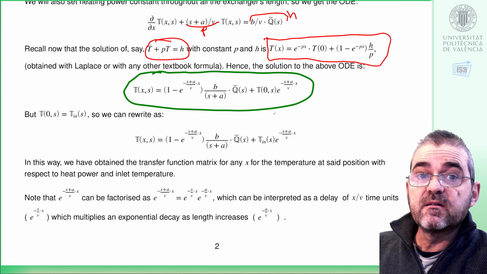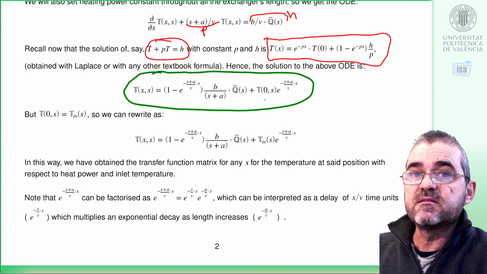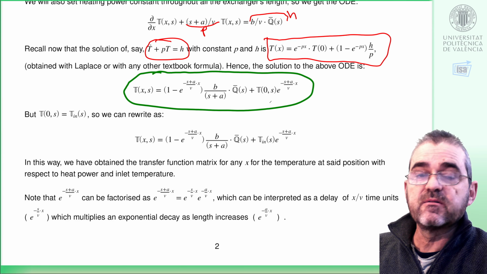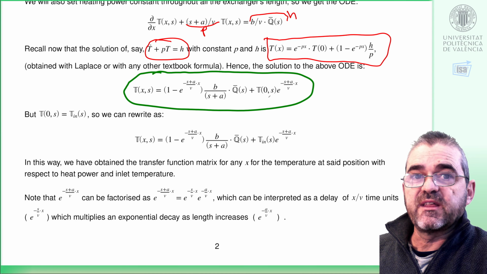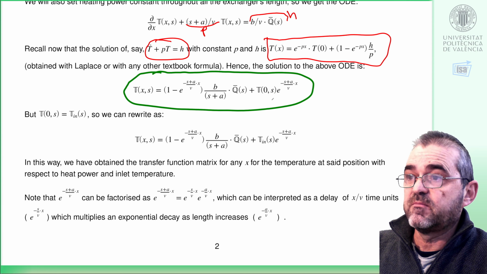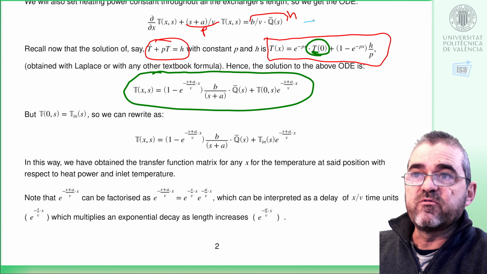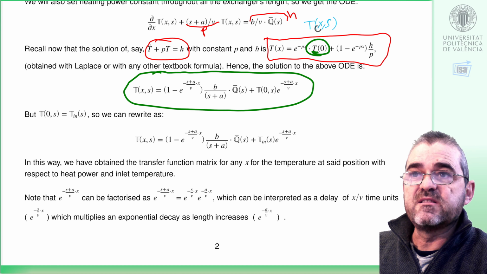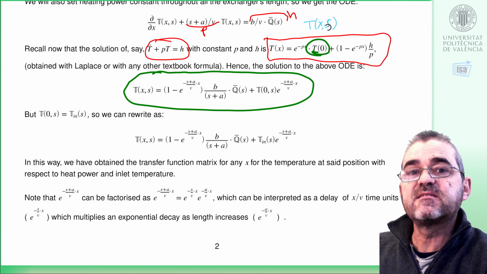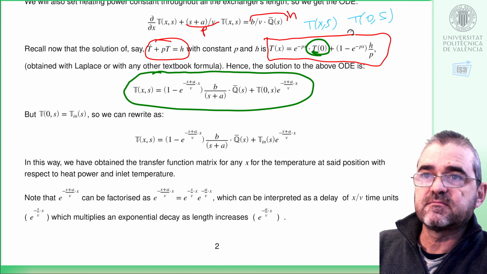And the only thing we now need to consider is that we didn't have the inlet temperature input in our equation, but that was a boundary condition that we get here. Because if we are dealing with a different T of x for every s, then we get a different T of 0 for every s.